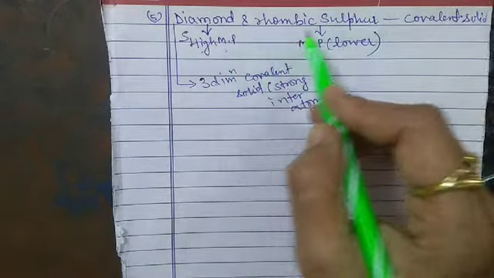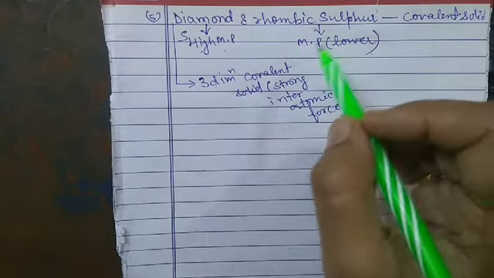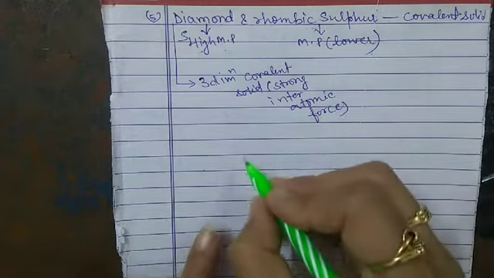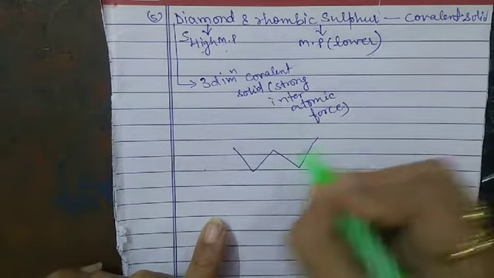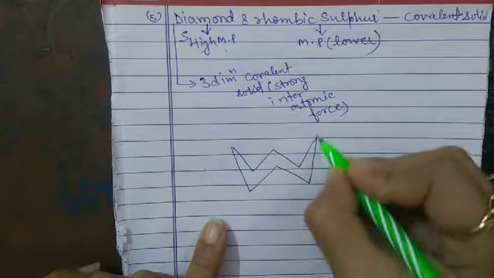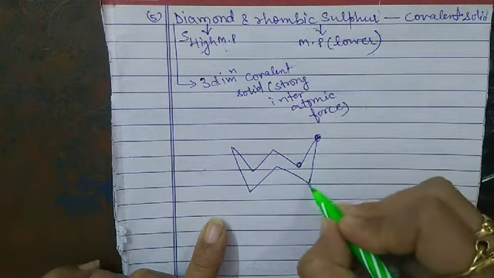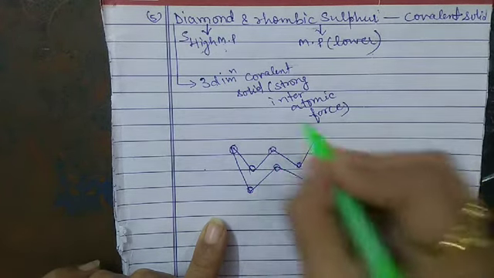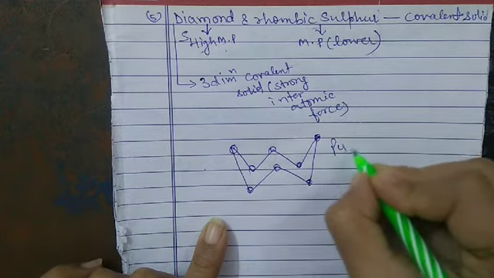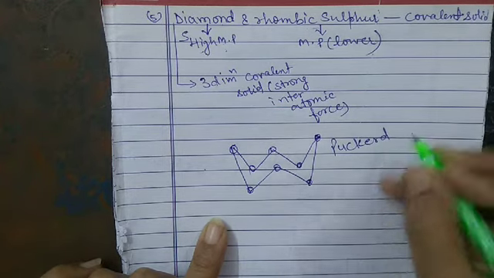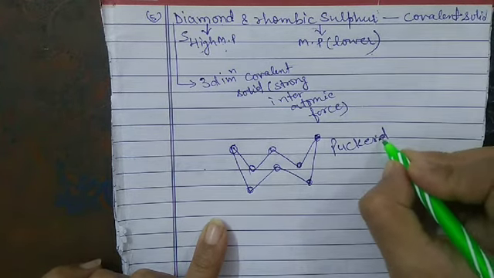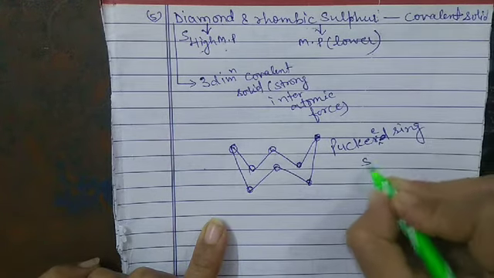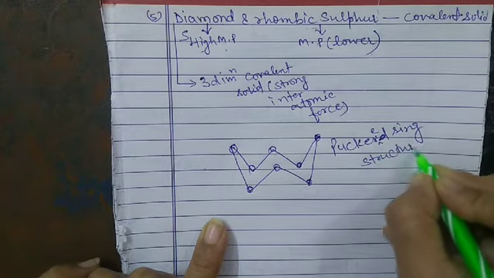Whereas for rhombic sulfur, we have already studied the structure of rhombic solid. The structure of rhombic solid is this one. This is the structure for the rhombic solid. These are the sulfur atoms, and that is known as the puckered ring structure.